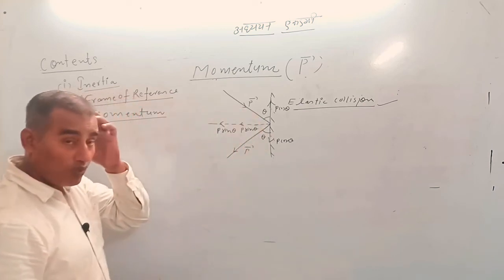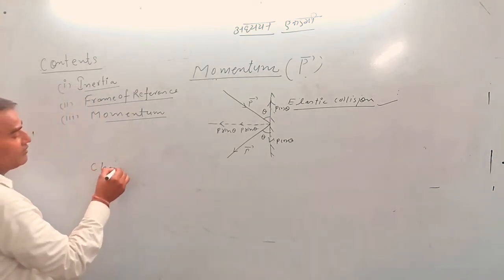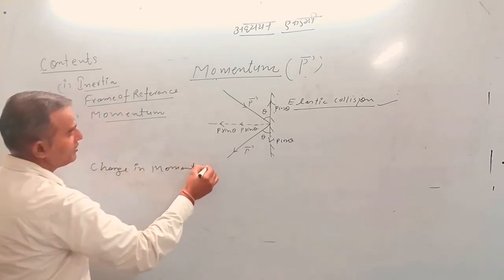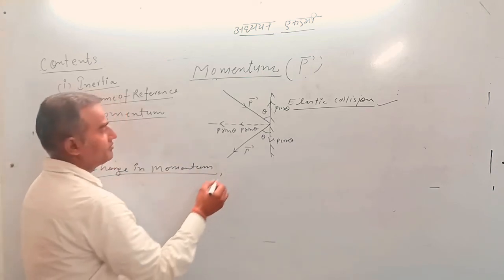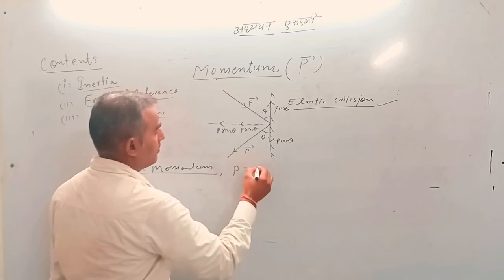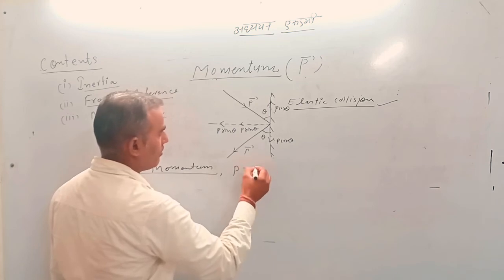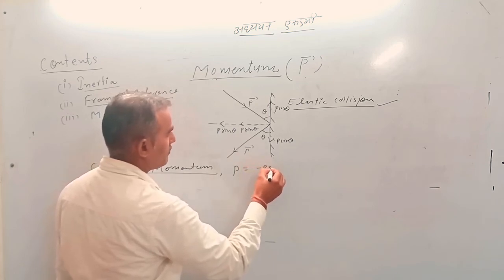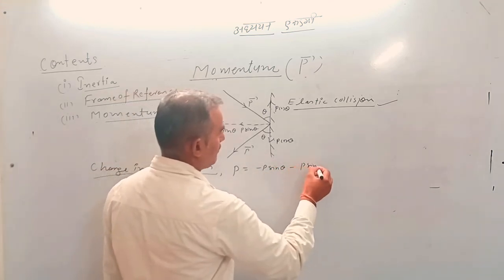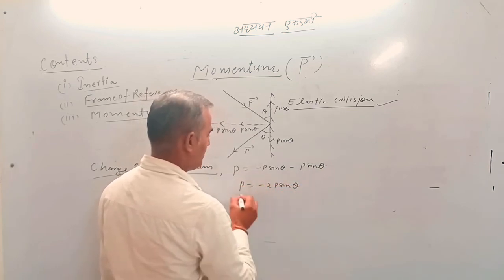If I ask what the change in momentum is: the normal component goes from P sin theta to minus P sin theta, so the change is minus 2P sin theta.